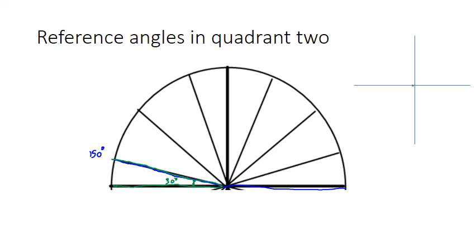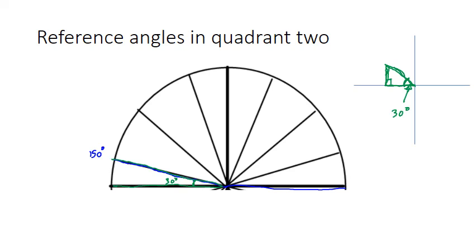Suppose that we were to draw that on a different version of the coordinate plane. So here's our reference angle, and we're saying that this is 30 degrees. Notice that if we go to the left and we go up, we've now formed a right triangle.